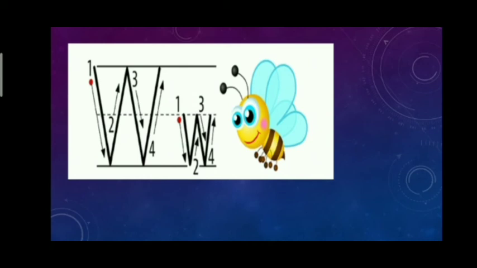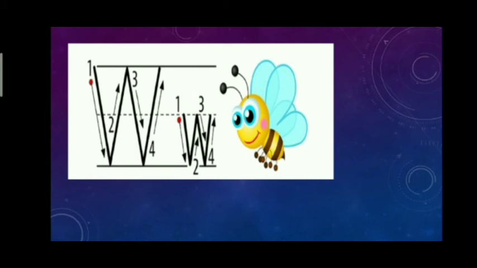Then starting from down, going to the top, slanting line. Starting from the top, coming to down, slanting line. Starting from the bottom, going to the top. Like this. Observe arrows, numbers very carefully, and always use a sharp pencil.